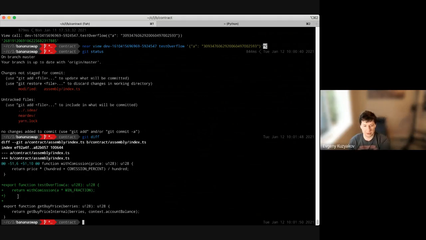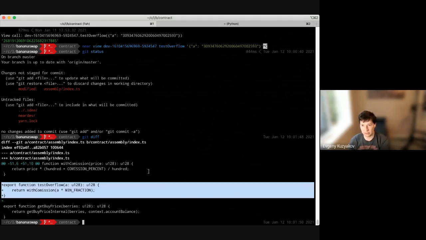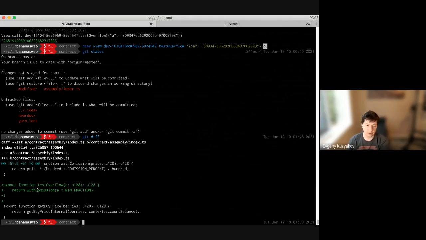So I modified Vlad's contract. I added this view method, test overflow, that just simplifies it. It calls view commission and the number I pass is A, and then I have multiplied by min fraction because I cannot avoid doing this. It will call this commission and return it.